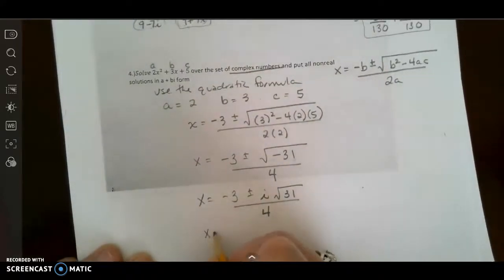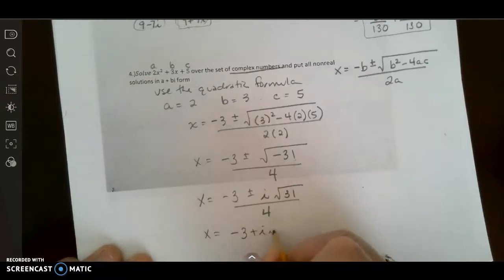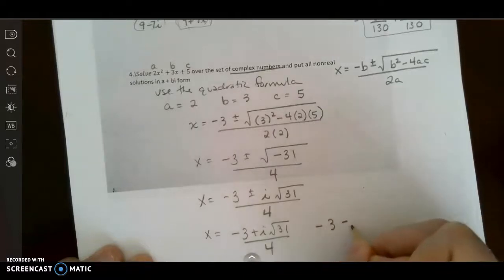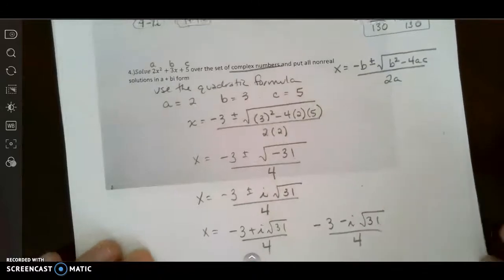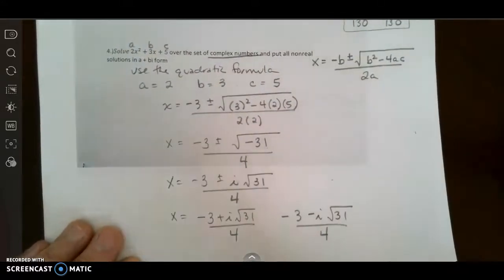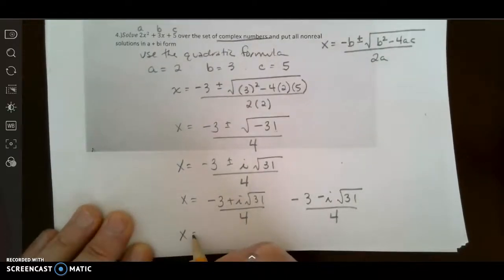And I am left with negative 3 plus i square root of 31 over 4, and negative 3 minus i square root of 31 all over 4. I could separate those.